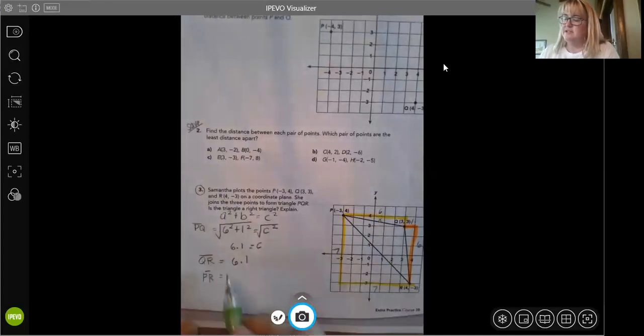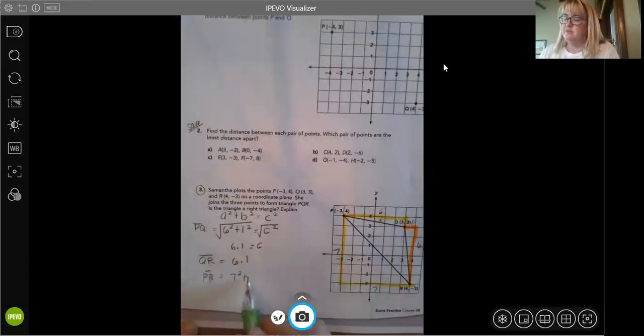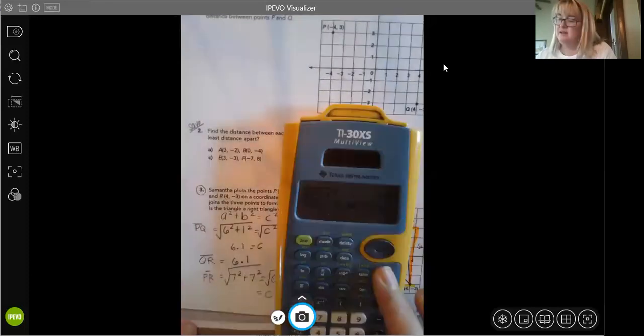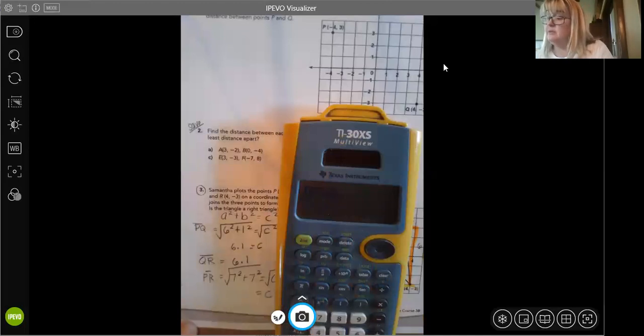All right, so we've got 7 squared plus 7 squared equals, again, the hypotenuse is c squared. I don't want to know what c squared is, I want to know what c is. So I'm going to find the square root of both. So c is the square root of 7 squared plus 7 squared, which equals 9.89.